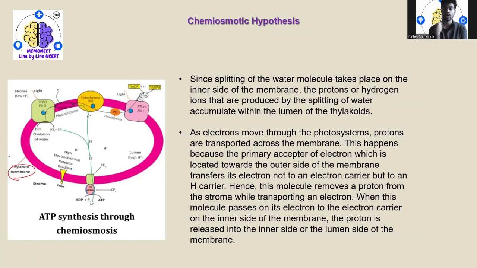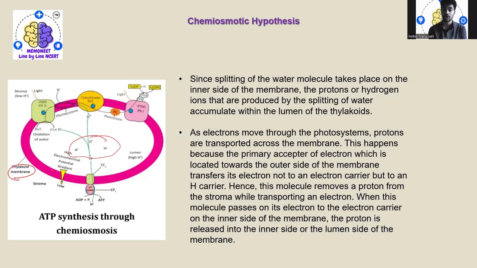The protons or hydrogen ions that are produced by the splitting of water accumulate within the lumen of the thylakoid, the way you are observing here. As electrons move through the photosystem, the protons are transported across the membrane.